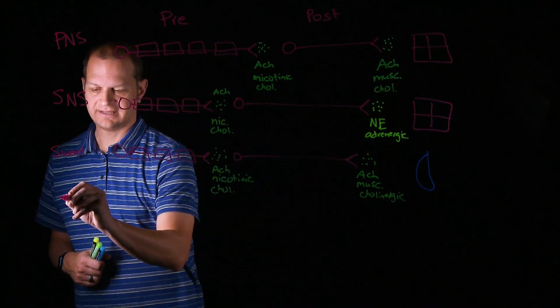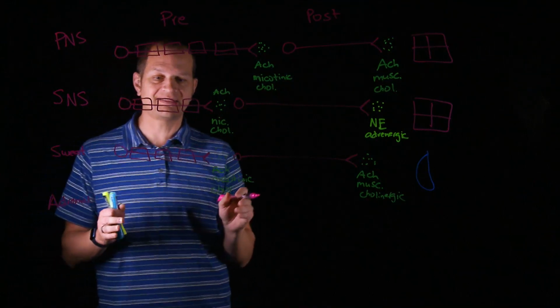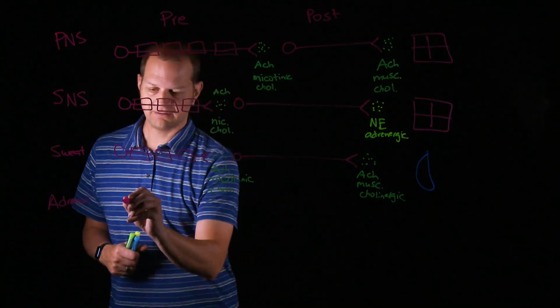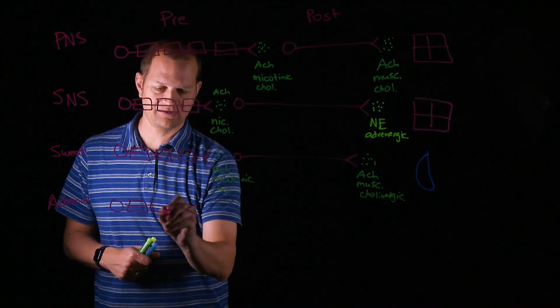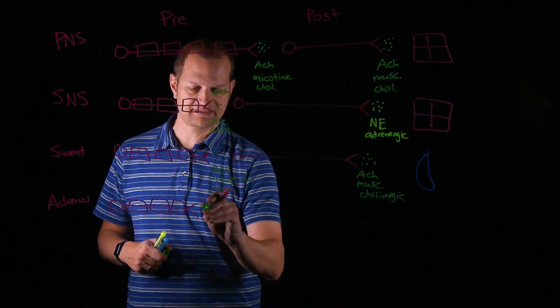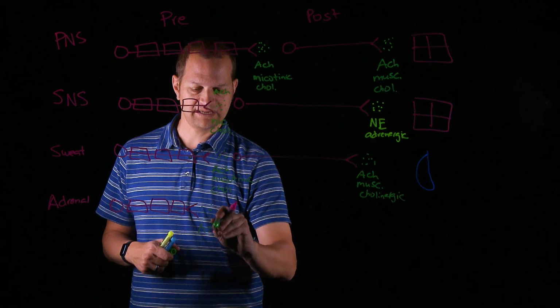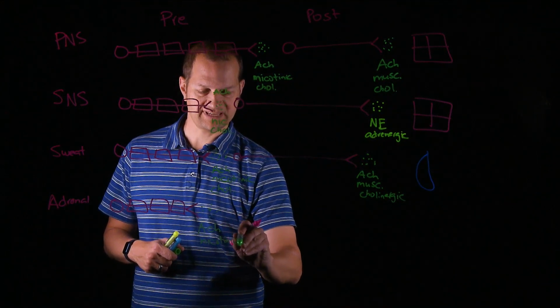Then we've got the adrenal gland. The adrenal gland is likely the easiest pathway to remember. It's got a short myelinated neuron that releases acetylcholine. It's just the same as all the other sympathetic pathways: acetylcholine onto a nicotinic cholinergic receptor.